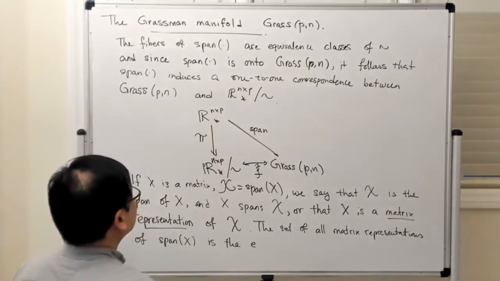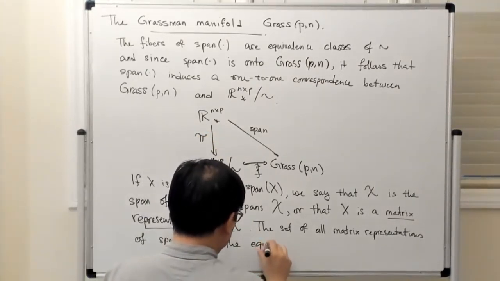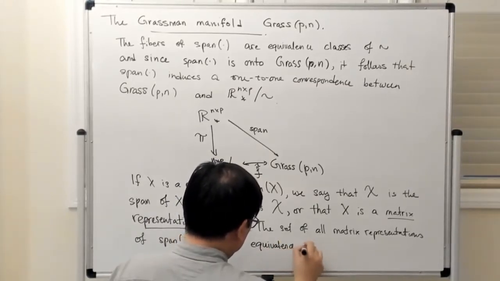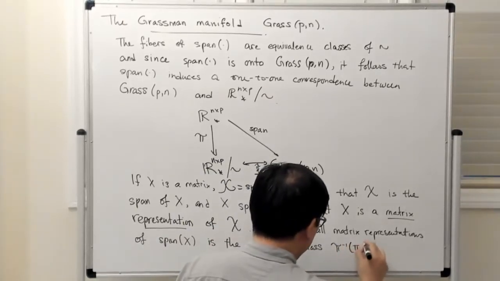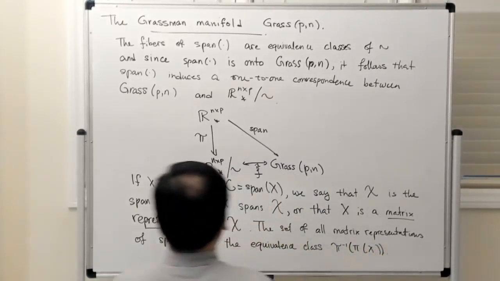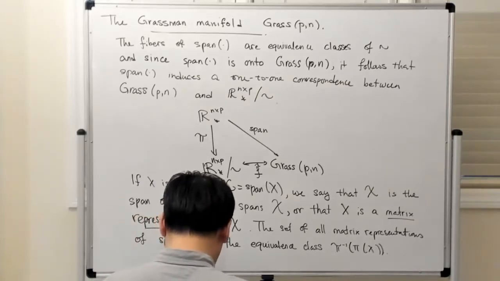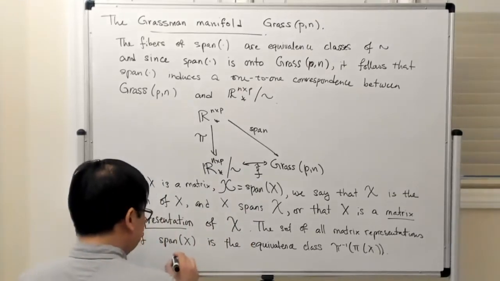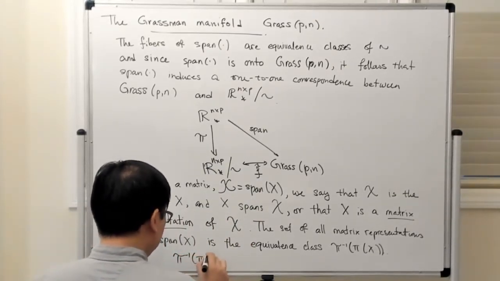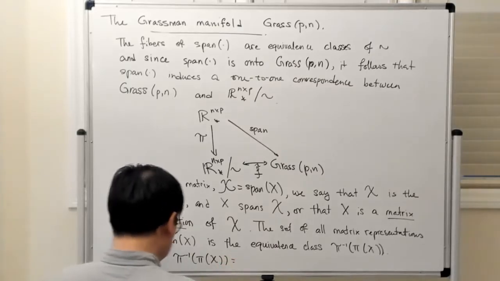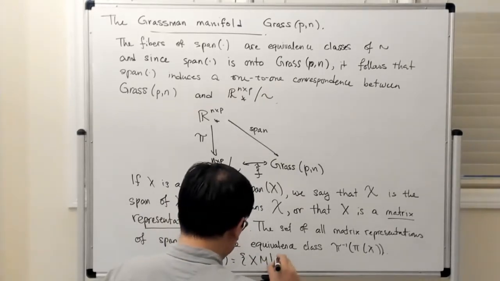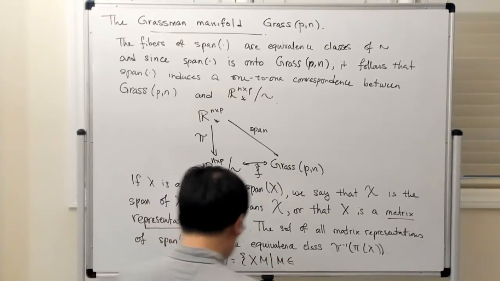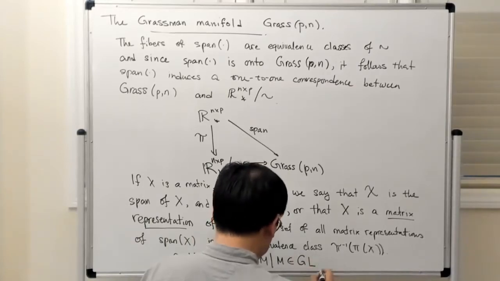This is the projection, which is π inverse of π of X. And I can write what that is. π inverse π of X is the set of X times M, where M is in the general linear group of dimension p.